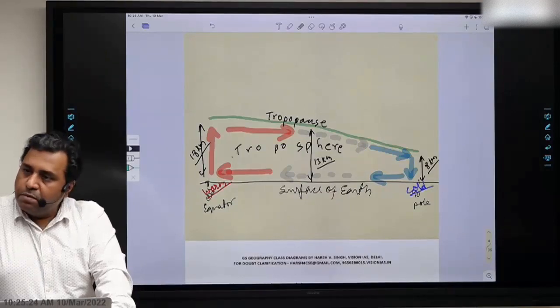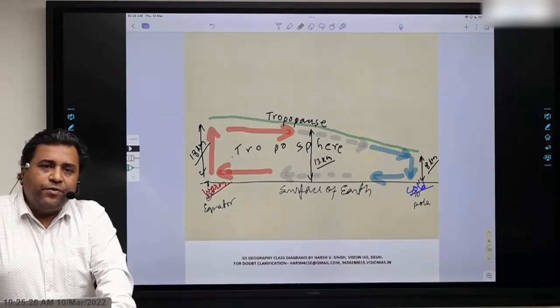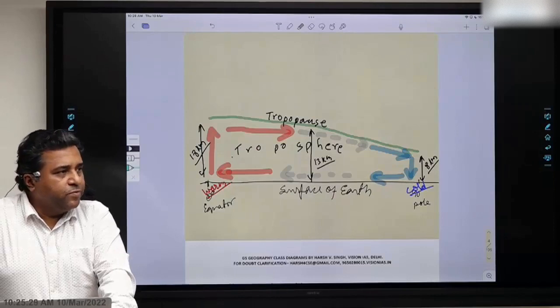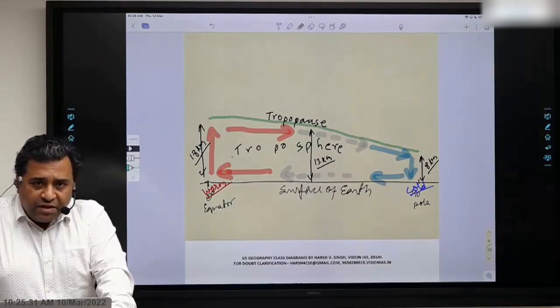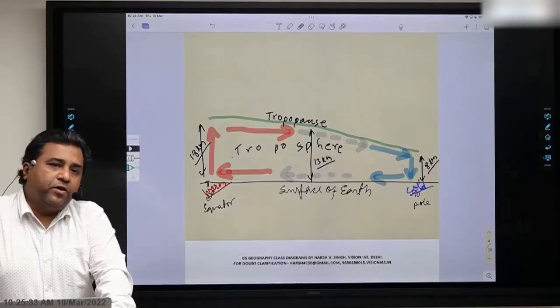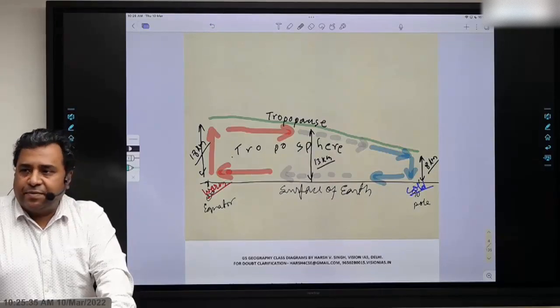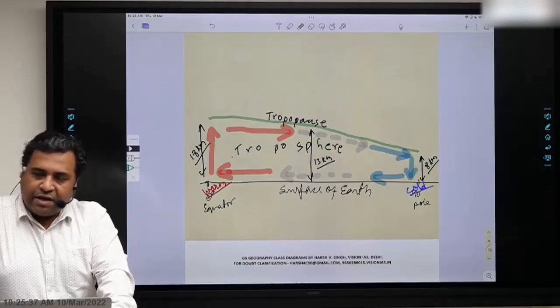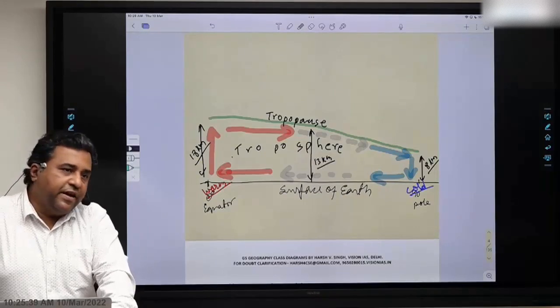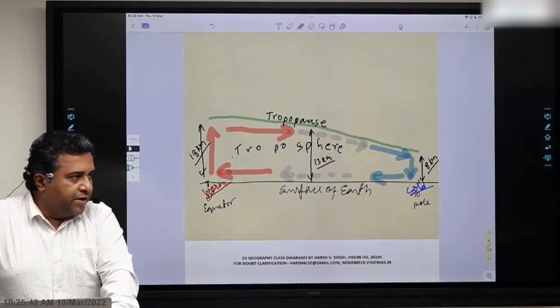So everything that we come to experience in the atmosphere is mostly taking place in the troposphere. When you go beyond this, we don't find much phenomena taking place, at least not with respect to weather and climate. Is that alright? Very good.